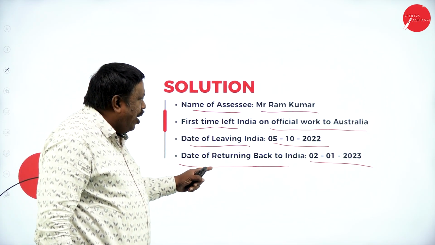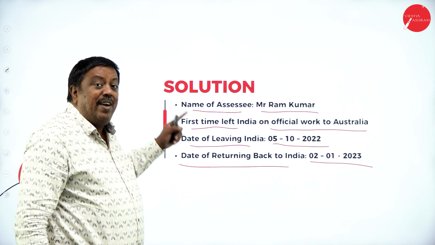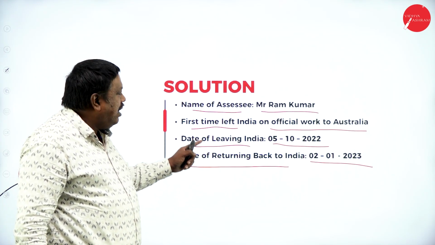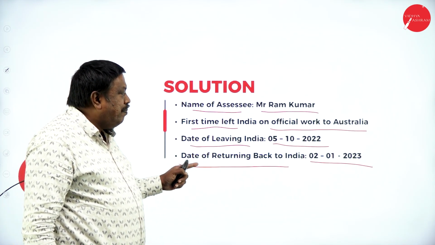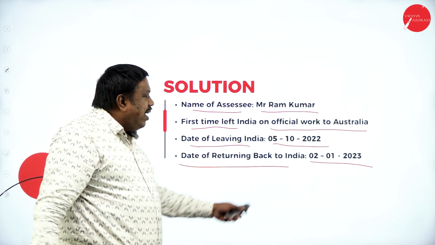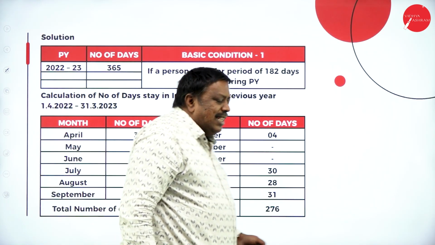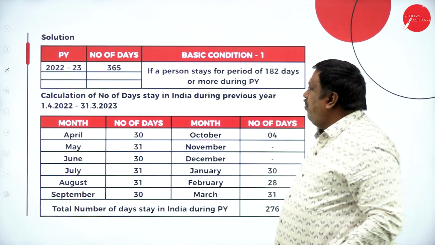Write all 4 points. First, write the name of the assessee, whether he left for the first time, the date when he left India for the first time, and when he returned. Write both the dates. Then this is how you have to solve the problem.